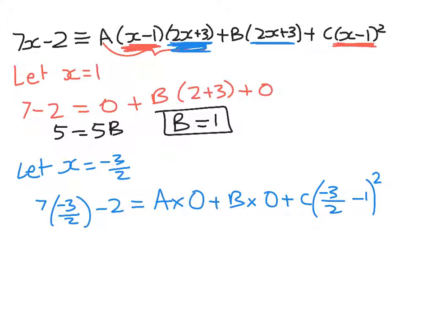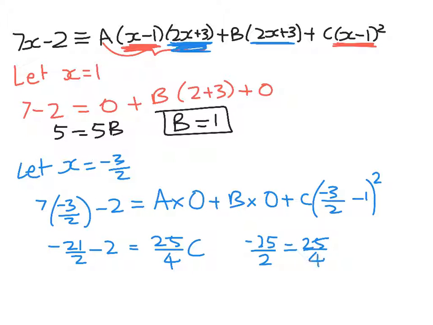Okay, so I'm working all of that out. What do we get? Well, we've got negative 21 over 2 minus 2 is equal to 25 over 4c. Cleaning that up gives me negative 25 over 2 equals 25 over 4c, and c must equal negative 2.